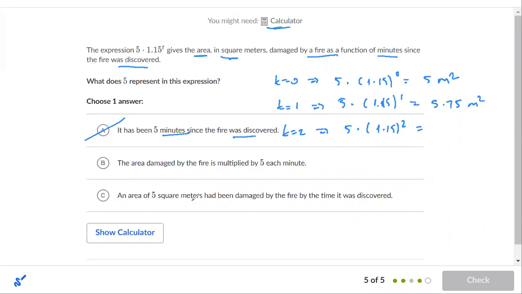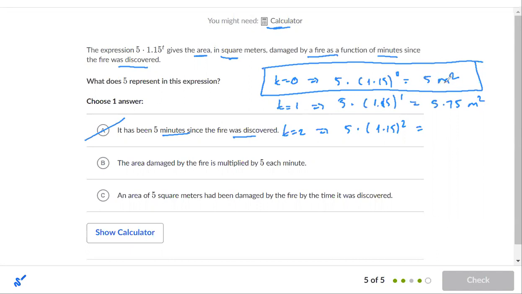And the option that 5 square meters of area had been damaged by the fire by the time it was discovered: this was actually our first statement. When you put t equals 0, which is 0 minutes, the area of the damage was 5 square meters.